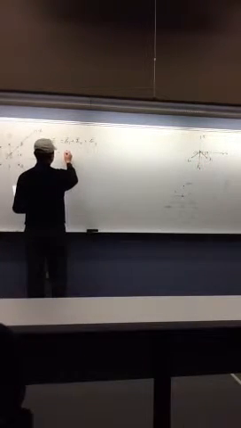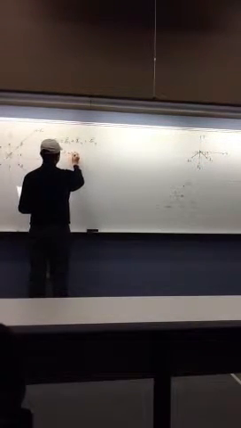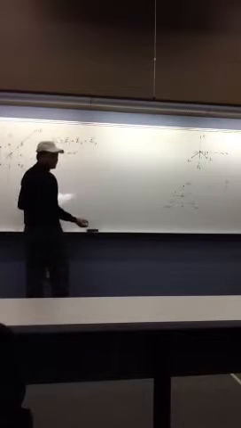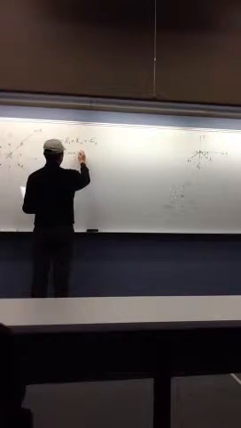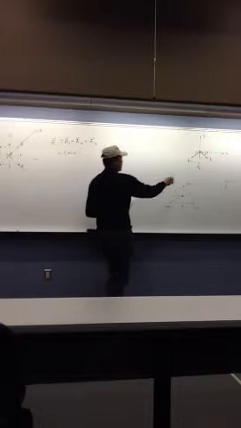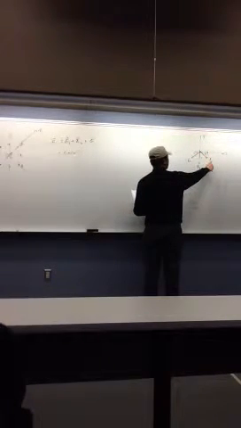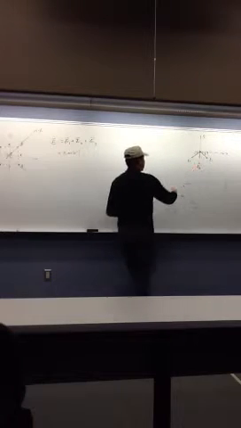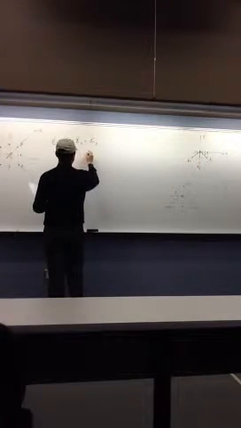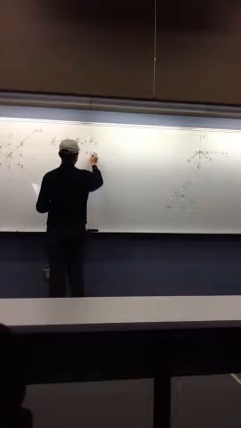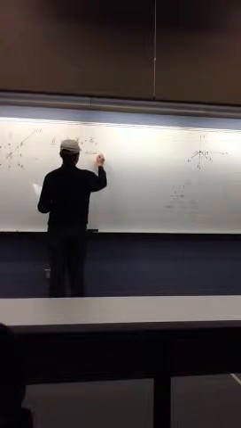The magnitude E1 times cosine 30 degrees, right? That's the x component. What's the y component? Negative magnitude times sine, but it's negative. E1 times sine 30 degrees J.